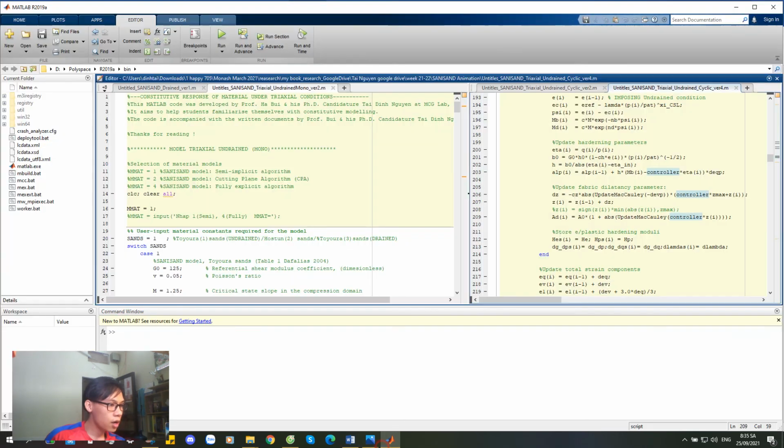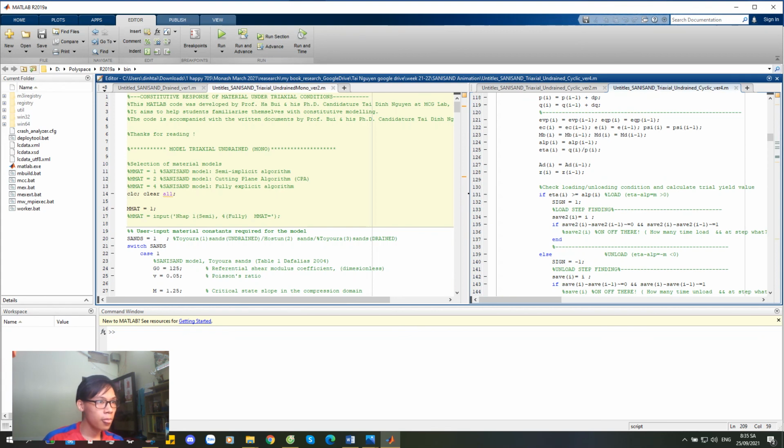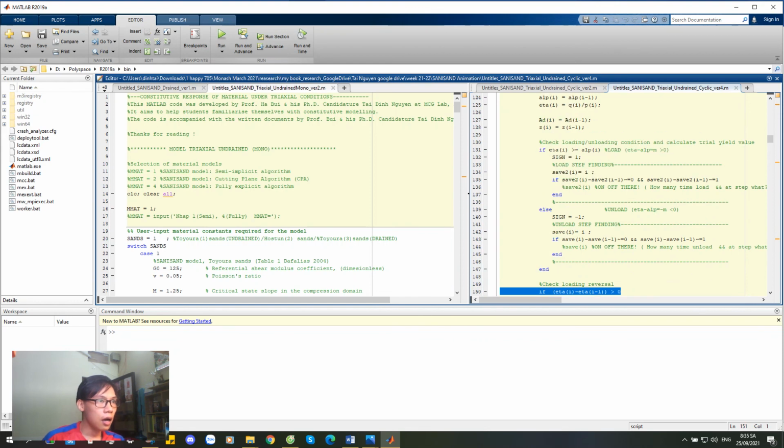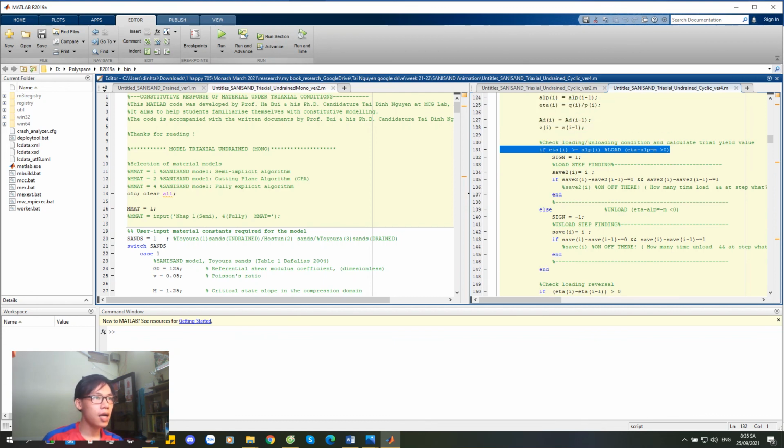One more thing I want to talk about with alpha and eta. You have to focus here. We have two cases for eta and alpha. But we can just use the sign, change the sign in the absolute.